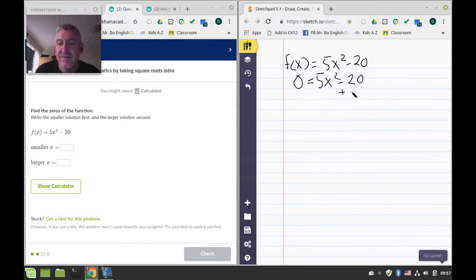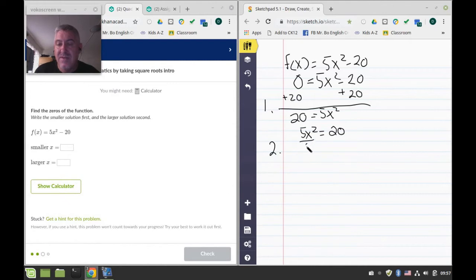And my first step, I'm going to add 20 on both sides. And so I'm going to have 20 is equal to 5x squared. I'm going to change that around and write 5x squared is equal to 20. So that's step 1. Step 2 is divide both sides by 5. And now I've got x squared is equal to 4.